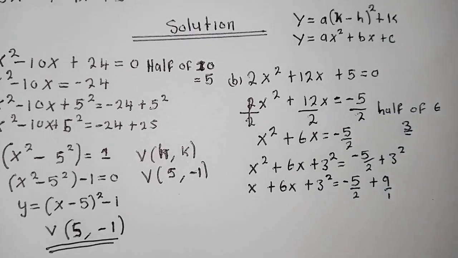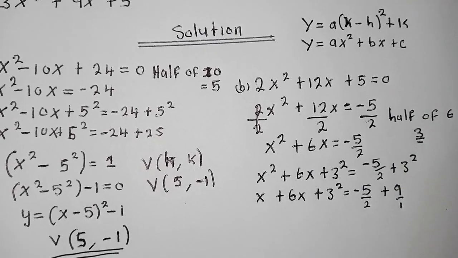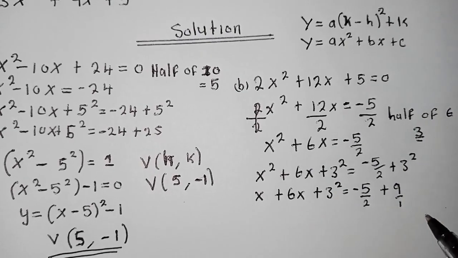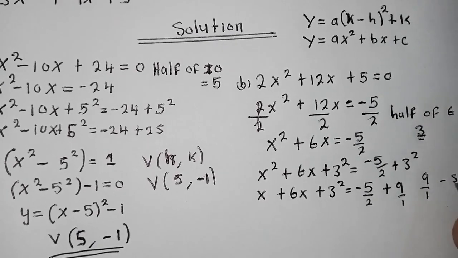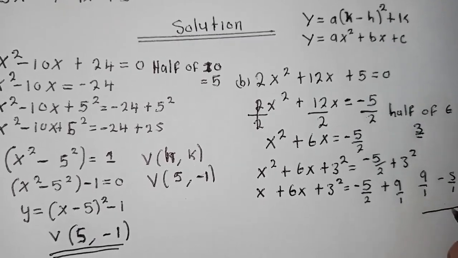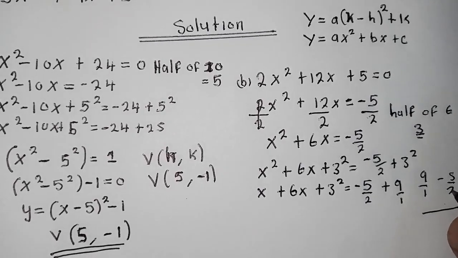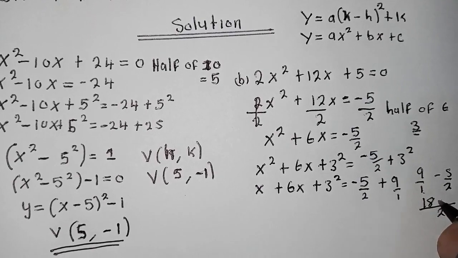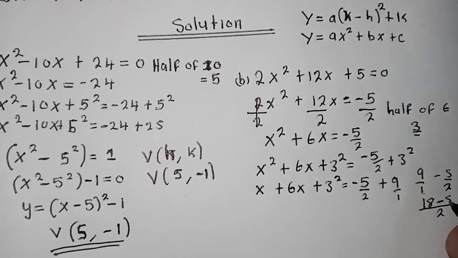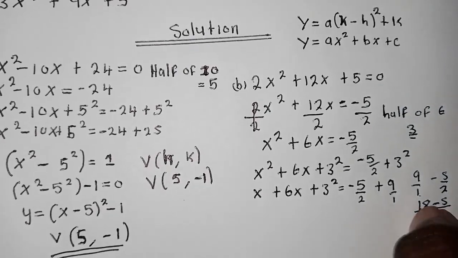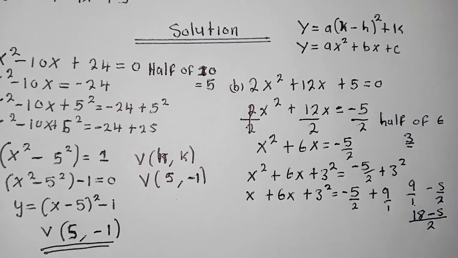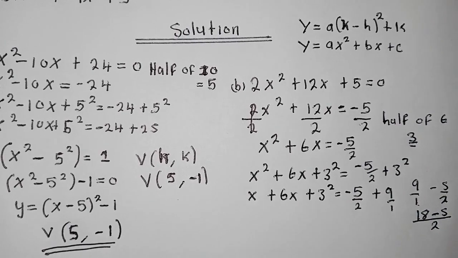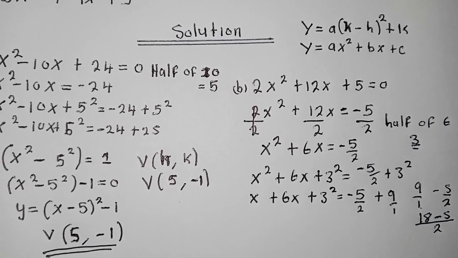So when you reach here, of course, this is just the same as 9 over 1 minus 5 over 2. This is 2, so 2 into this is simply 18 minus 5.